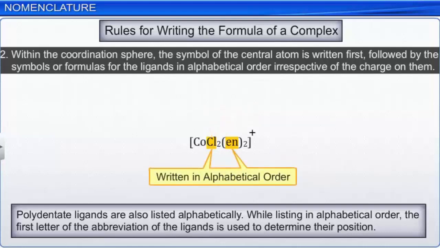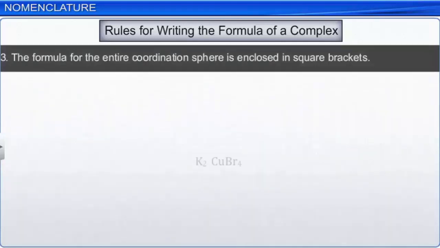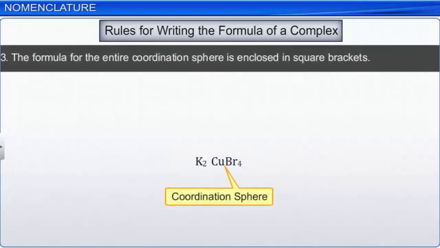Third rule for writing the formula of coordination complexes. The formula for the entire coordination sphere is enclosed in square brackets. In the given example, potassium tetrabromidocuprate. Here, tetrabromidocuprate is an anionic complex that should be enclosed in the square bracket.